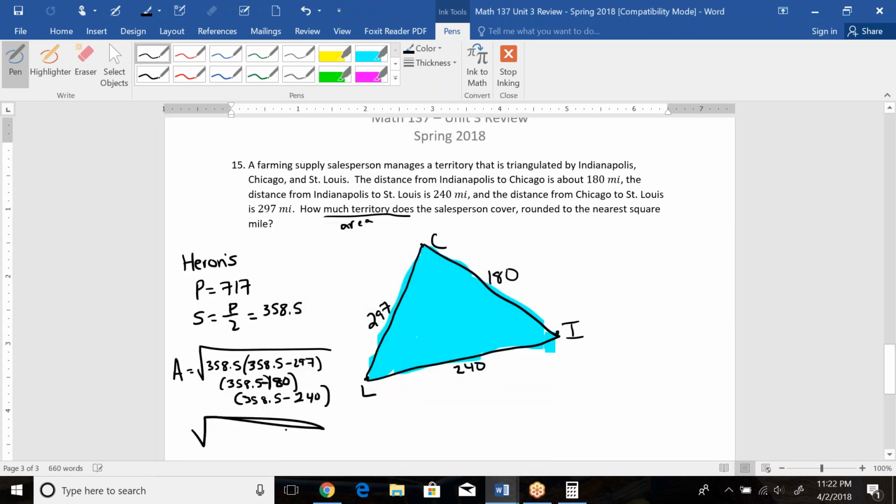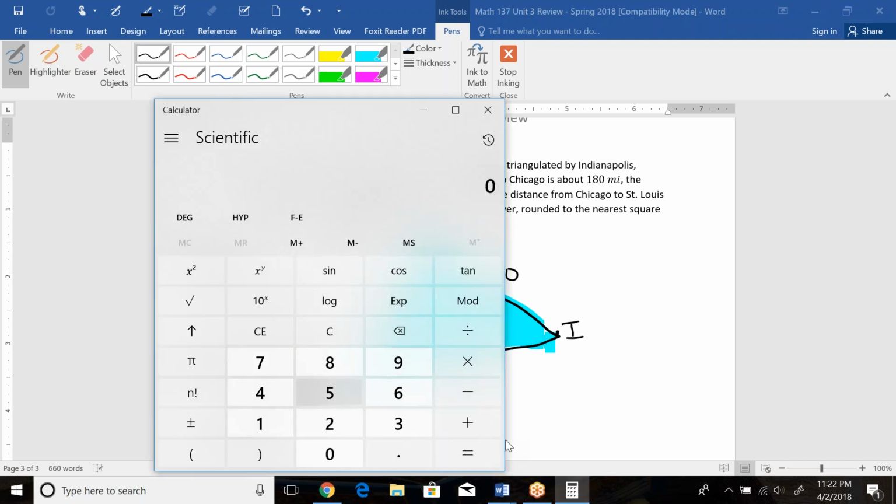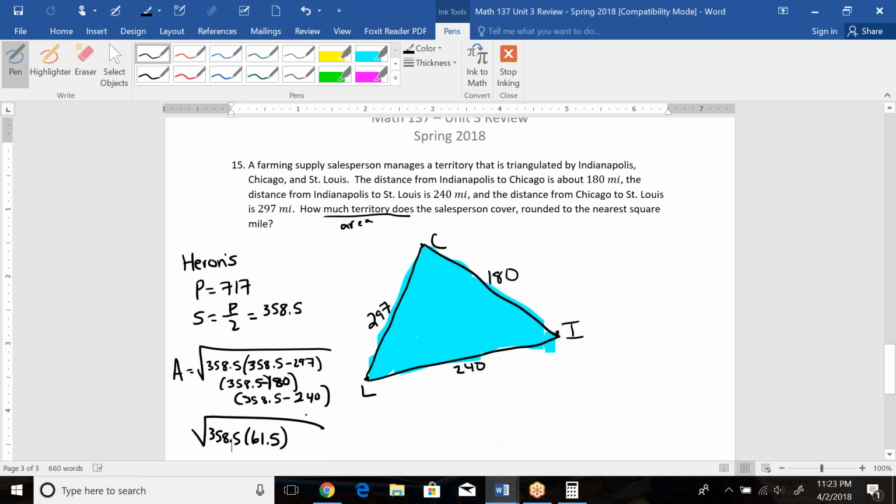So I have the square root of 358.5 times 61.5. And then we need to do 358.5 minus the 180, which is 178.5.